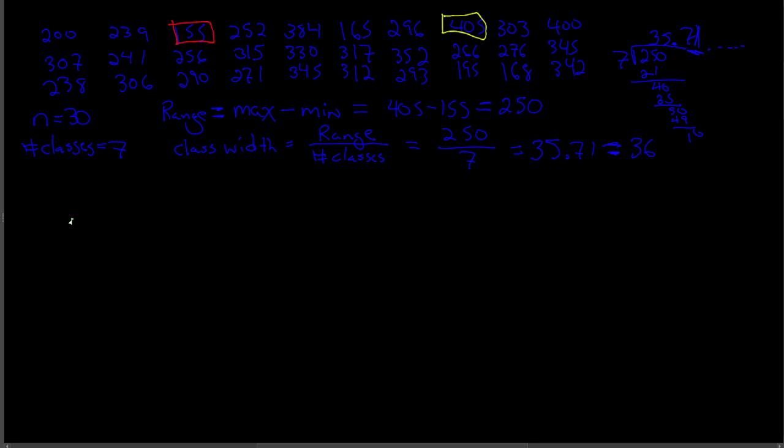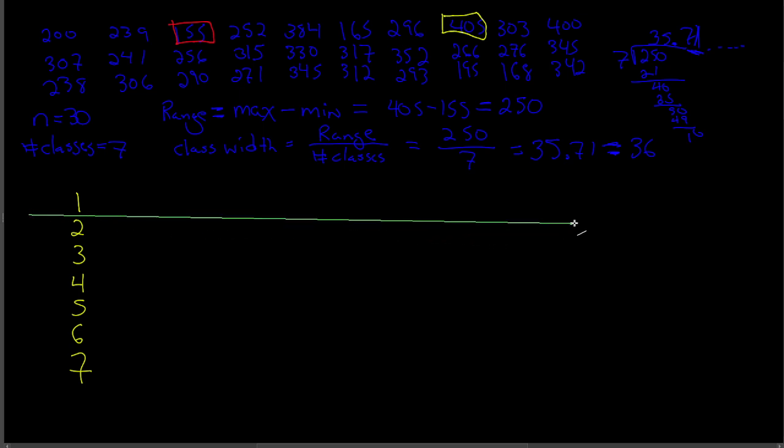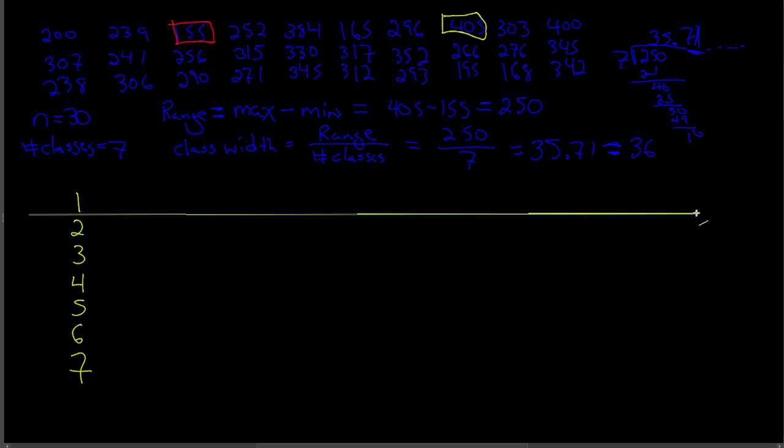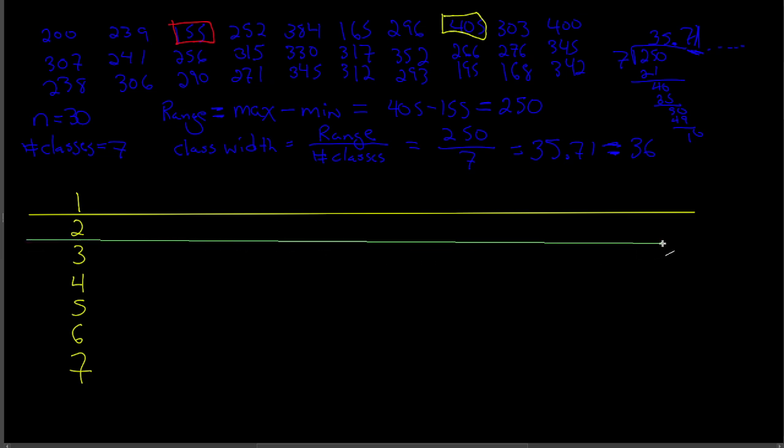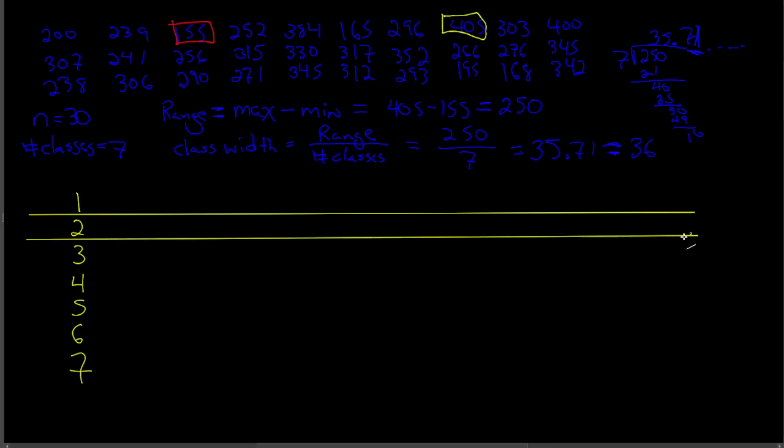So I know I'm going to have 7 classes. So what I'm going to want to do is I'm going to have 1, 2, 3, 4, 5, 6, 7. Now your book doesn't do this, but this is not a bad way for me to keep track of all the spaces I need to fill in on this next step.